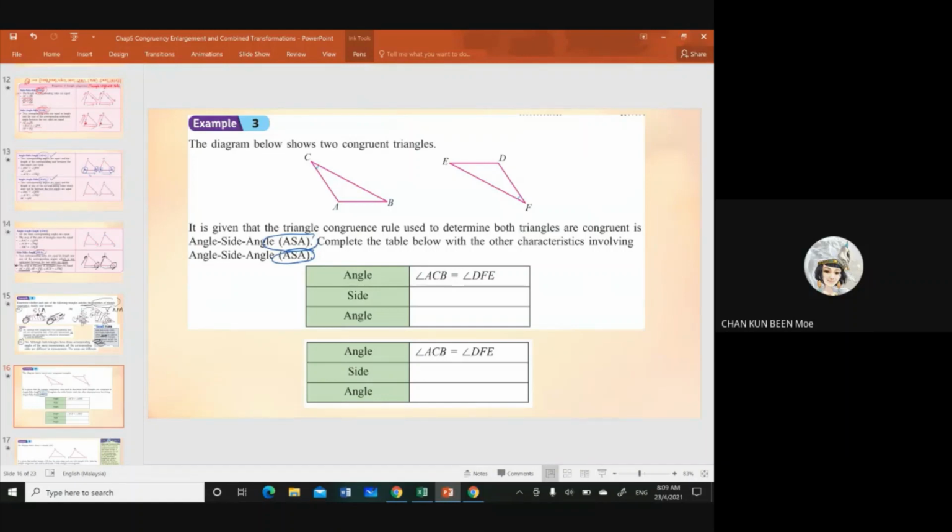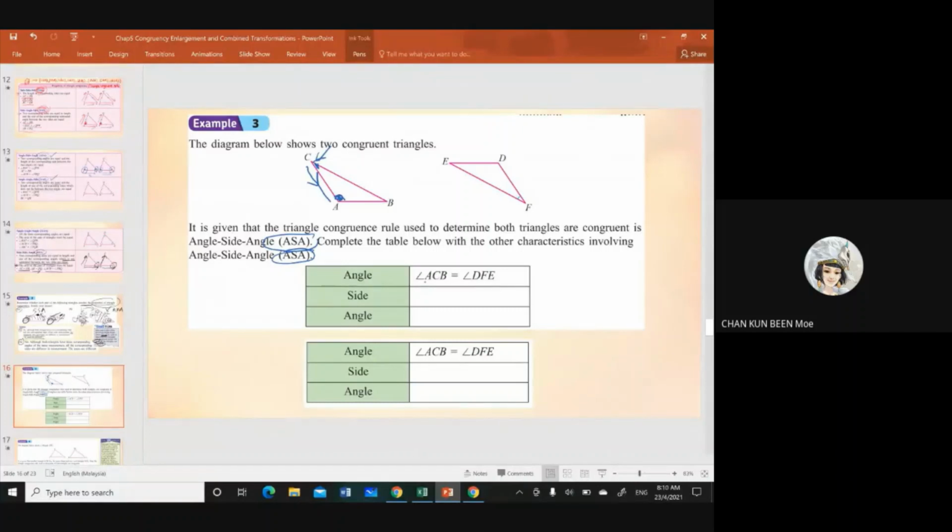Okay, so if you look at the angle, it's already given for the first one. If I'm going to use angle side angle, meaning that I can use this part, angle side angle. You also can use the other way, angle side angle. But because I've chosen the first one already, I just show you the first one, angle side angle.